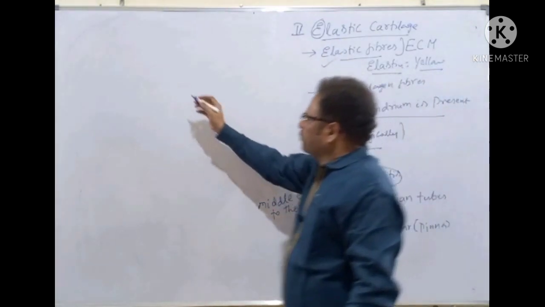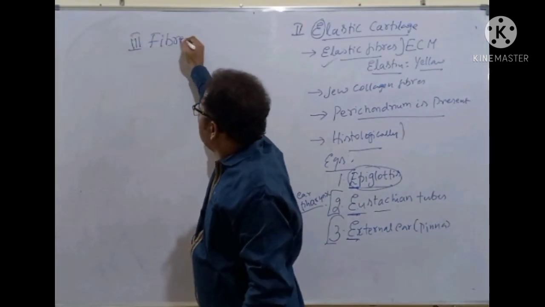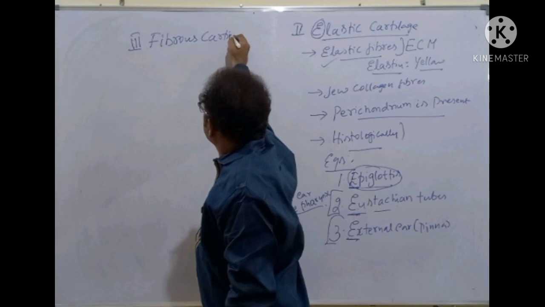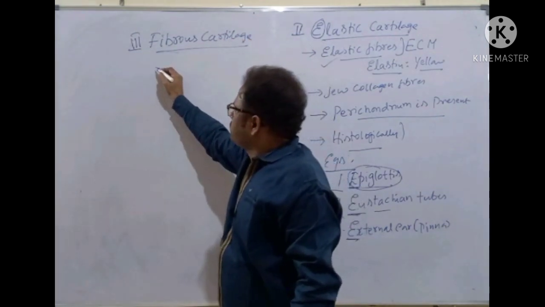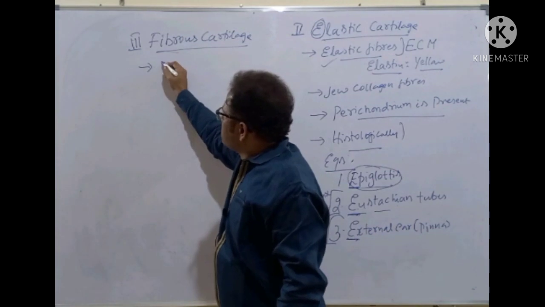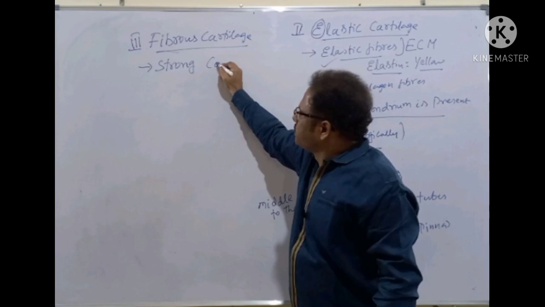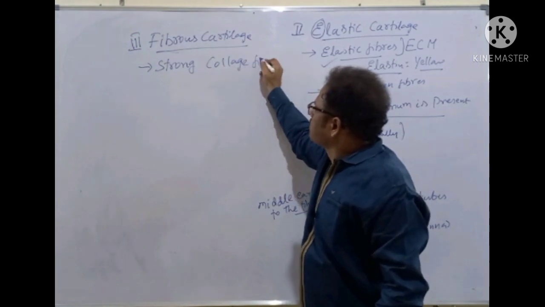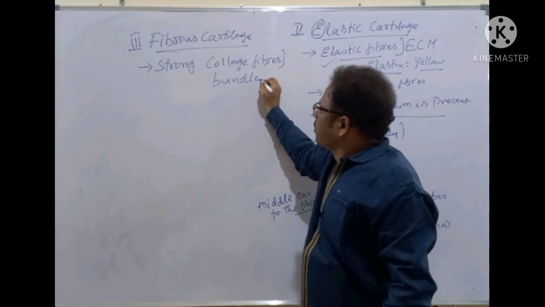Now the final form, the third form is called as the fibrous cartilage. The fibrous cartilage is made of very strong collagen fibers. And these are arranged in the bundles.